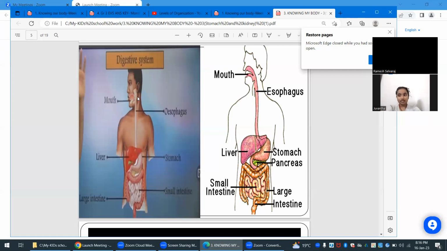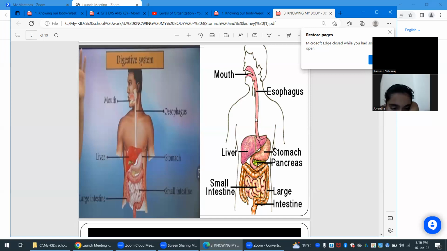You see here, mouth, then esophagus, then it goes to the stomach. You know the liver? The liver is like our fridge. Inside our home we have a fridge, right? The liver stores fat and nutrients. The liver has a very important function.